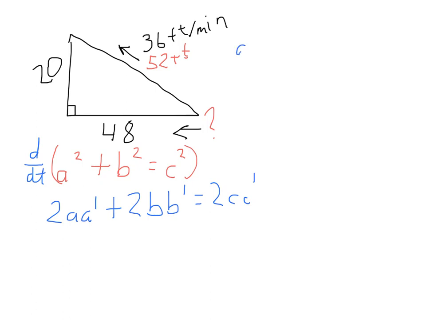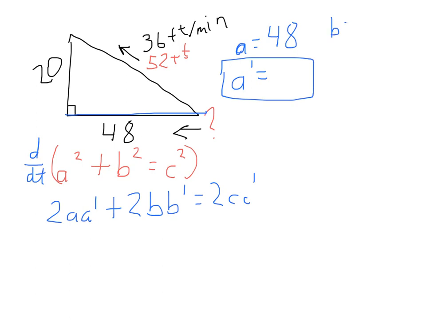There are a lot of variables here, so I'd better label them. I'm going to make my a 48. My a prime then is the speed at which this side is changing, and that is exactly what I'm looking for. My b is the 20.